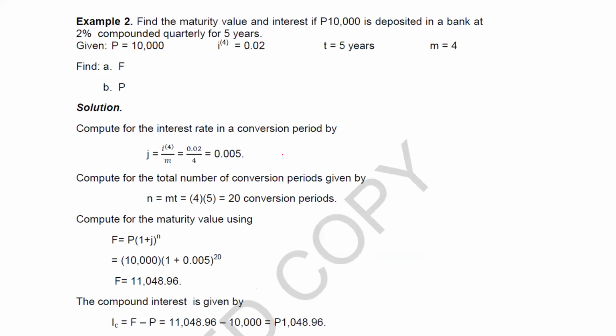Okay, example. Find the maturity value and interest if 10,000 is deposited in a bank at 2% compounded quarterly for 5 years.